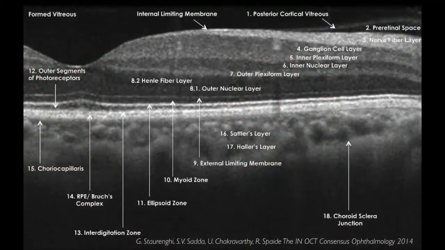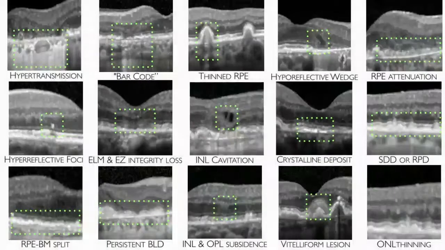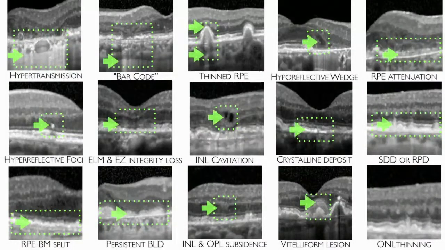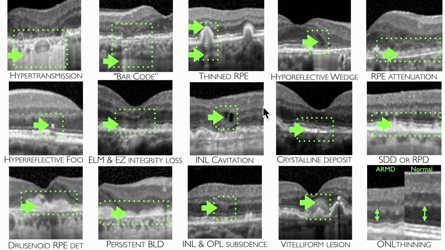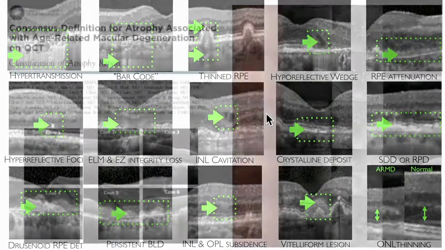But the group decided that if you want to see the early changes of AMD, we actually have to use the structural OCT. Because of that, many different images were used to identify different areas of change, like, for example, the artery transmission, the barcode, and so on.